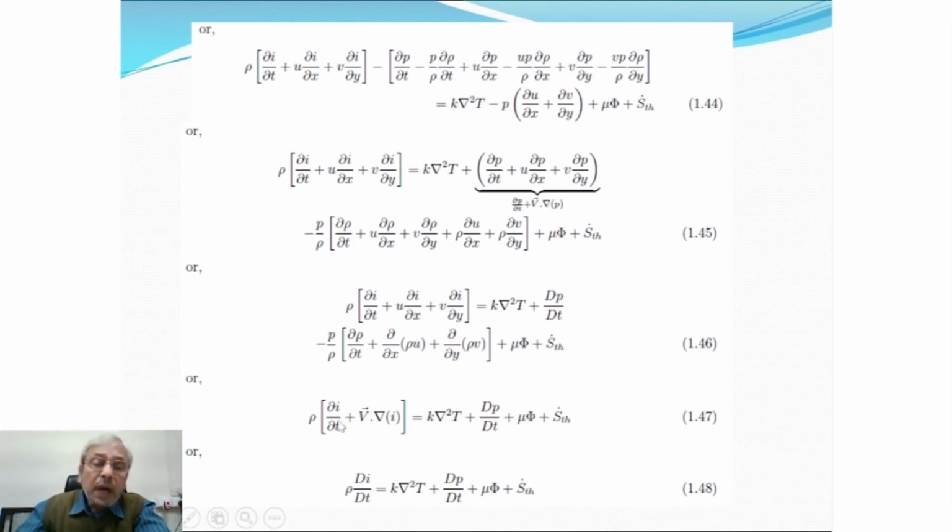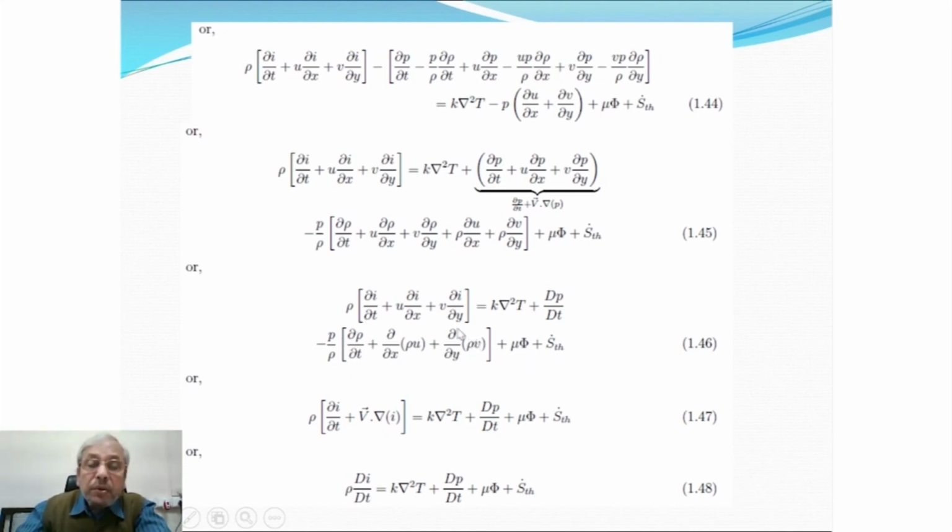So we can now write rho del I del T plus V dot grad operated over I, the convective derivative of I, equal to K del square T plus dP dt plus mu phi plus S dot TH. This is the general form of the energy equation.